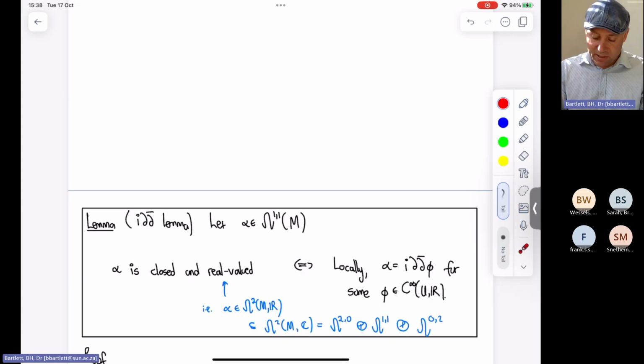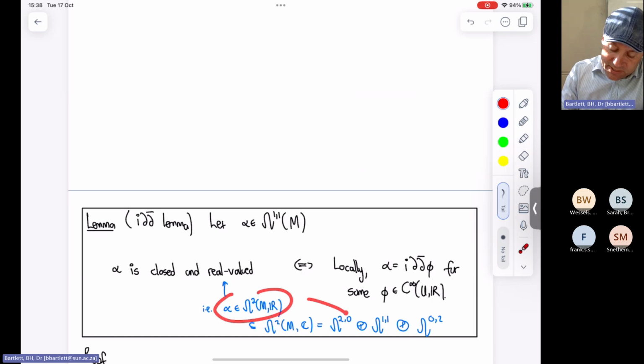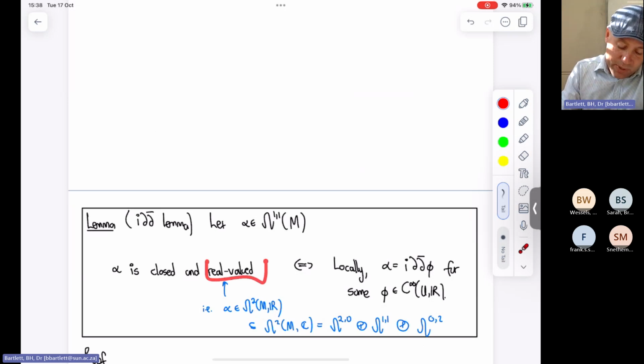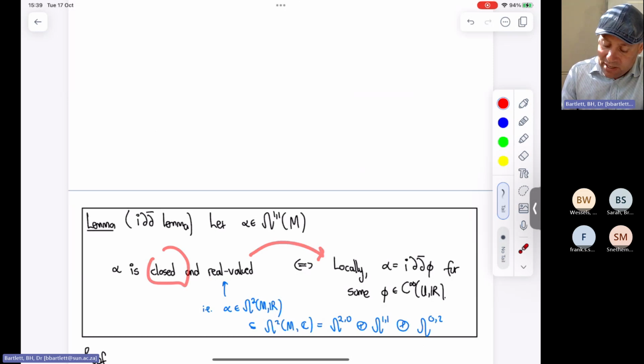So in particular, a good old-fashioned real 2 form on a complex manifold is living somewhere in here. And the point of this lemma is to understand where it's living. So in the case when it is closed, I can tell you exactly what it looks like.